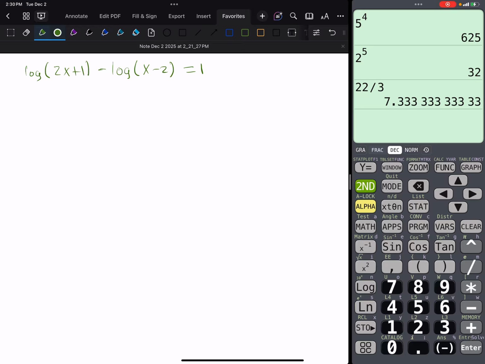I can't just run to the trick that I've been running to, right? Because this is a common log. And so the log of x is log base 10 of x, right? And so that means that 10 to the x is the inverse function that I want here. But I can't just run both sides of this equation through 10 to the x.